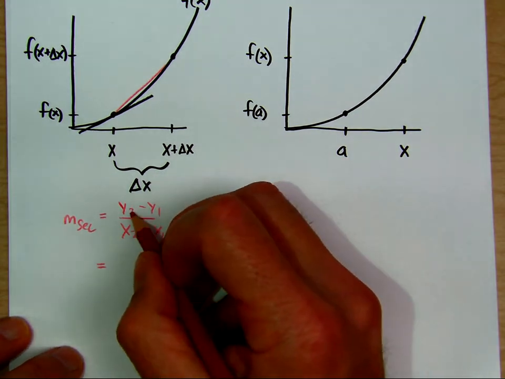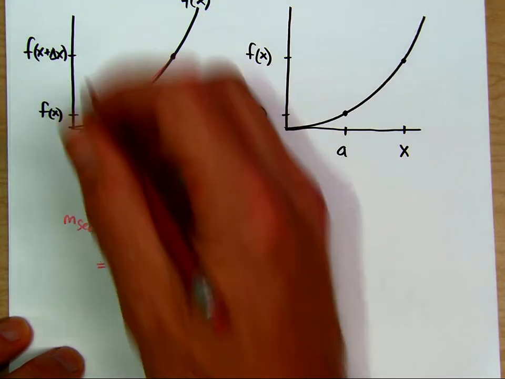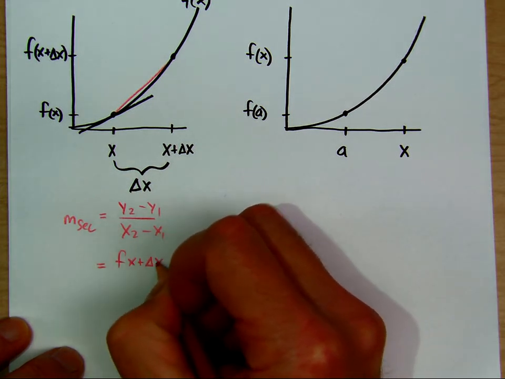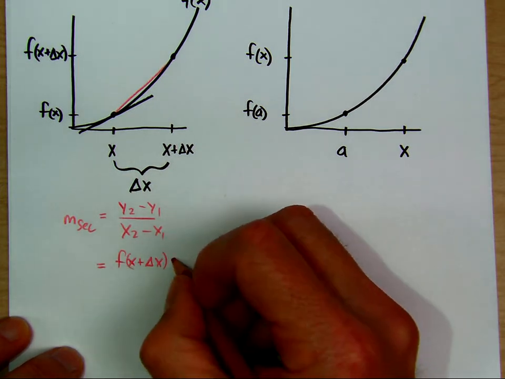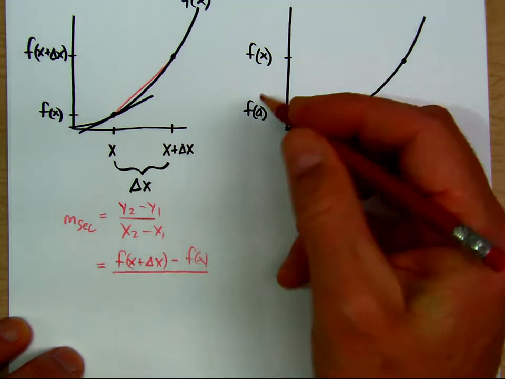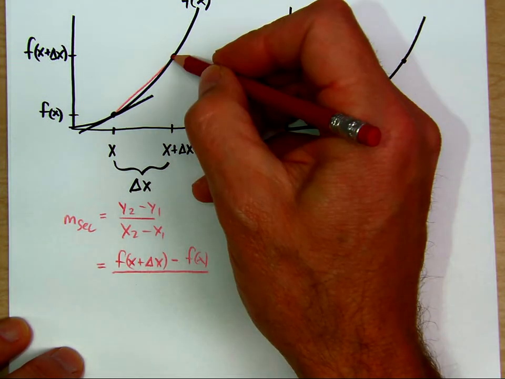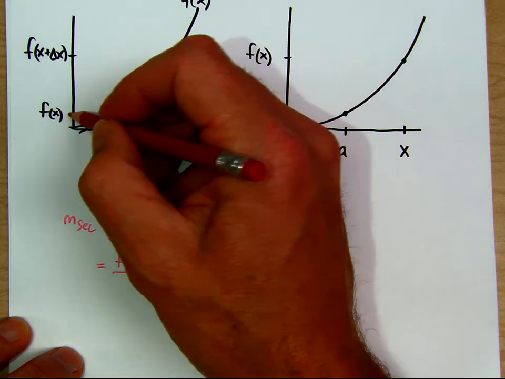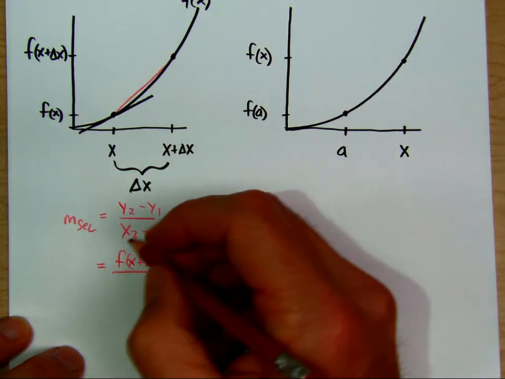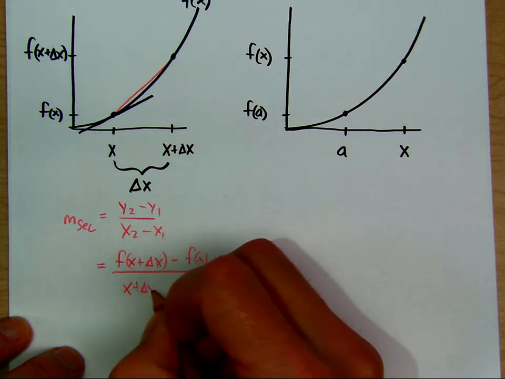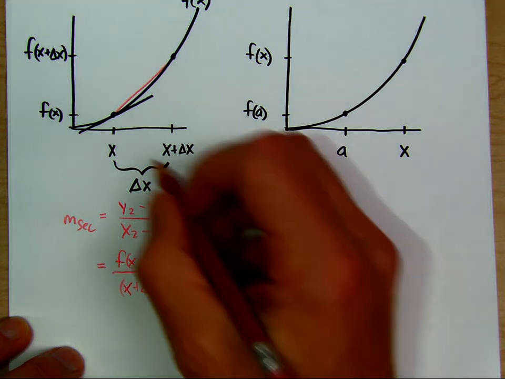And in this case, y2 is f of x plus delta x, minus f of x. So that's y2 is f of x plus delta x, and y1 is f of x. And then we just have x2, x plus delta x, minus x.